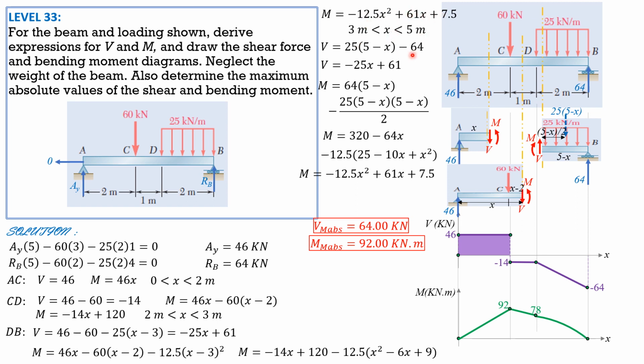So there's no problem if you consider forces to the left of the section or forces to the right of the section. Whichever is simpler, then you can establish shear and moment equations and expect the same results.